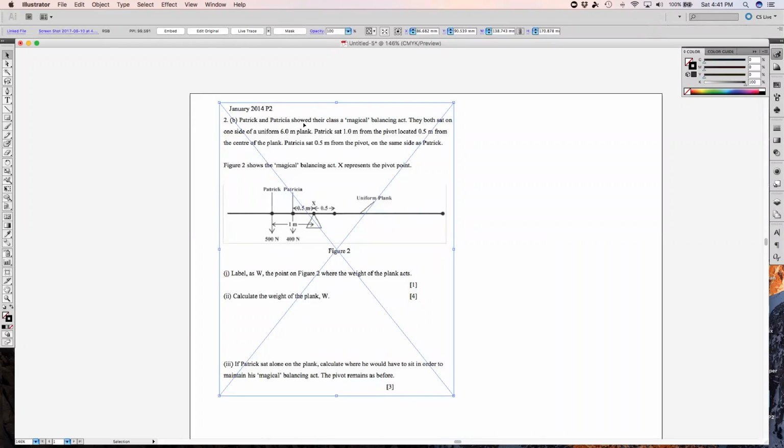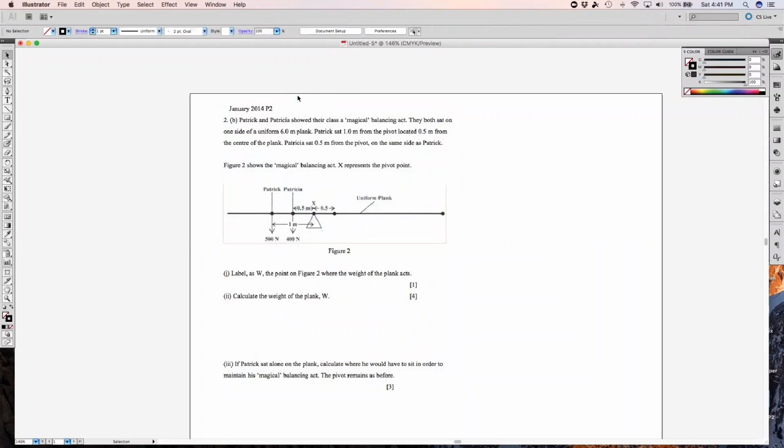Patrick and Patricia show their class a magical balancing act. They both start on one side of a uniform 6-meter plank. Now, once they use the word uniform, what does that tell us?